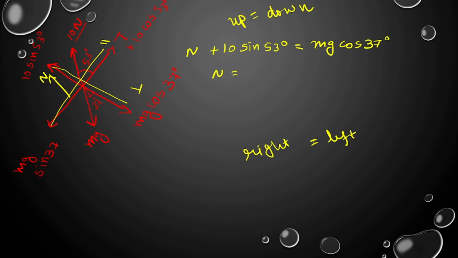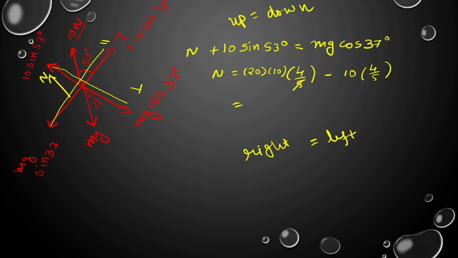N is equal to mg. M means 20, g is 10, cos 37. Cos 37 will be 4 by 5, minus 10 sin 53 degrees. Sin 53 is 4 by 5.